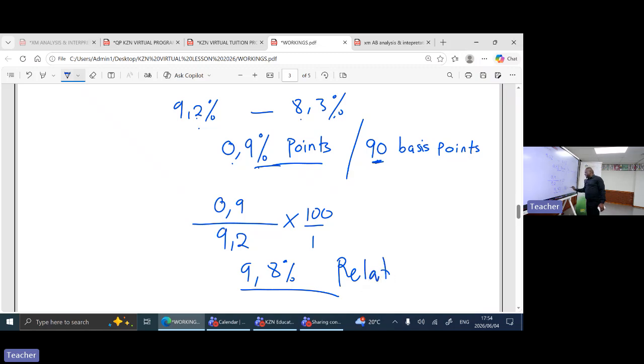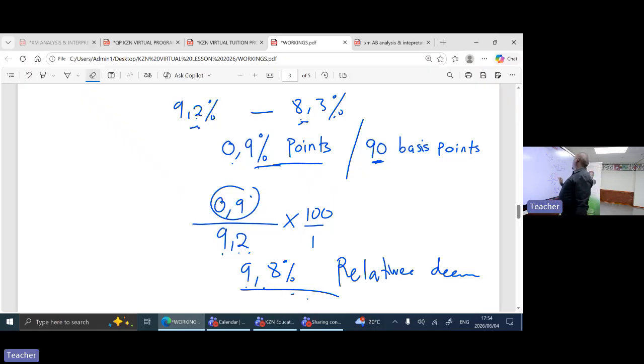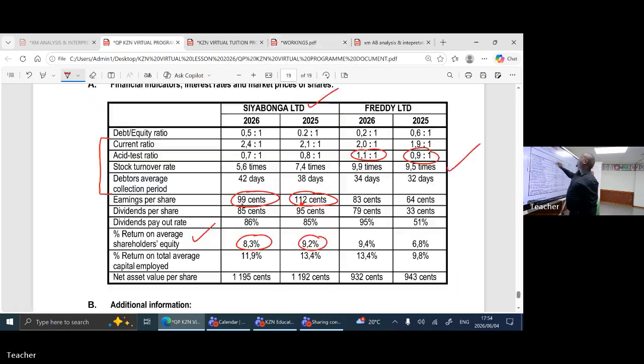This is a relative decrease by 9.8%. The difference over the figure before it decreased, 9.2, in percentage terms gives the relative decrease of 9.8%. So I hope we are saying here that at some point you may use the relative change, or you may use the difference, which is the basis points or the percentage points.